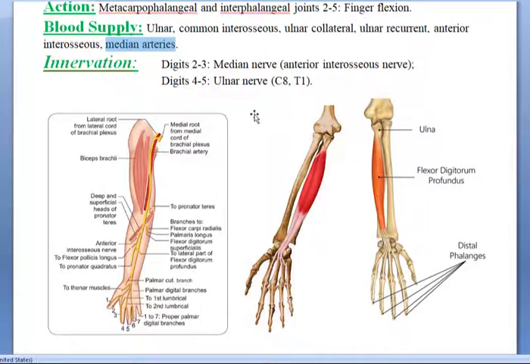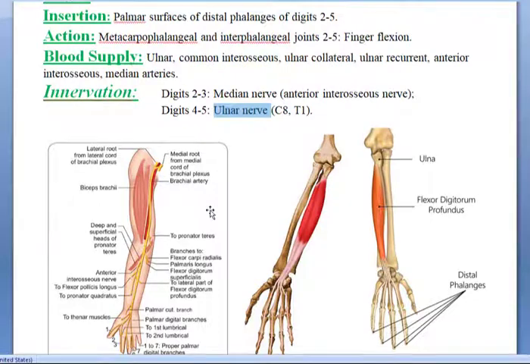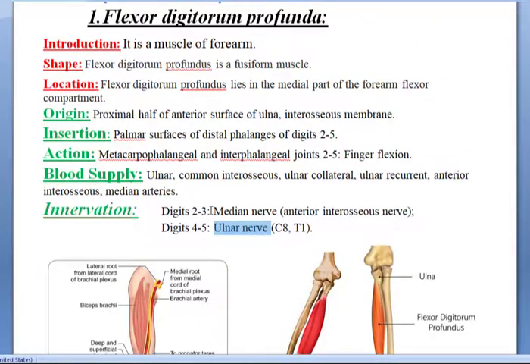So many arteries are supplying blood to this muscle. And what is its innervation? Digits 2 and 3 are supplied by the median nerve and digits 4 and 5 are supplied by the ulnar nerve, right? So here you can see this. This was about flexor digitorum profundus.